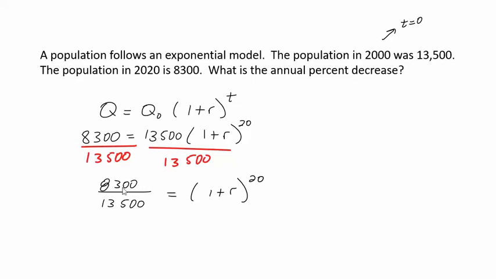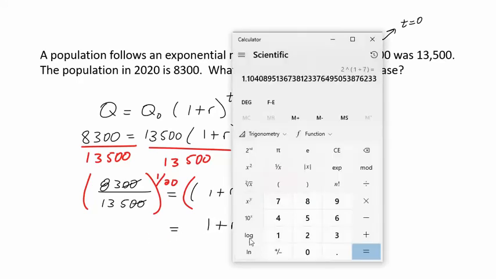I could cancel these zeros out. Might as well do that. And now to get rid of this 20, I'm going to take this to the 1/20th power, or you could take the 20th root, because 20 times 1/20 is 1, and so that's just going to leave me 1 plus r to the first power. So now I think I'll punch this stuff in.